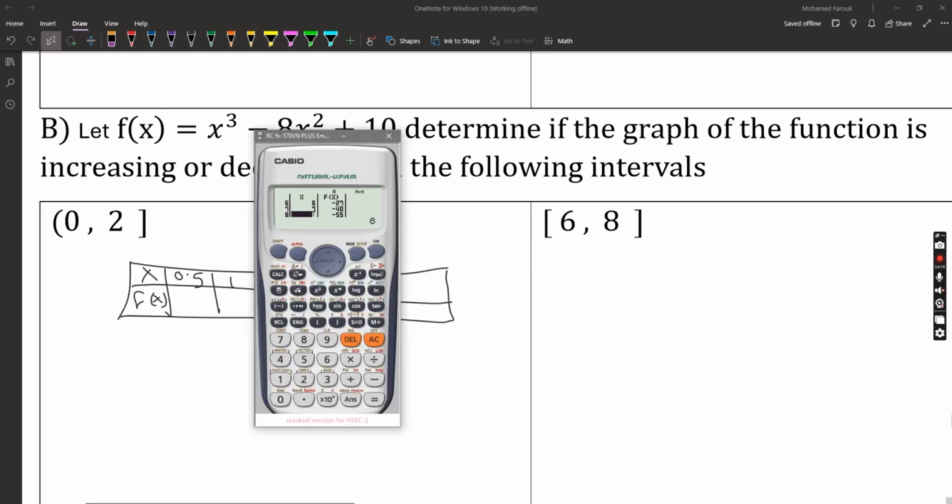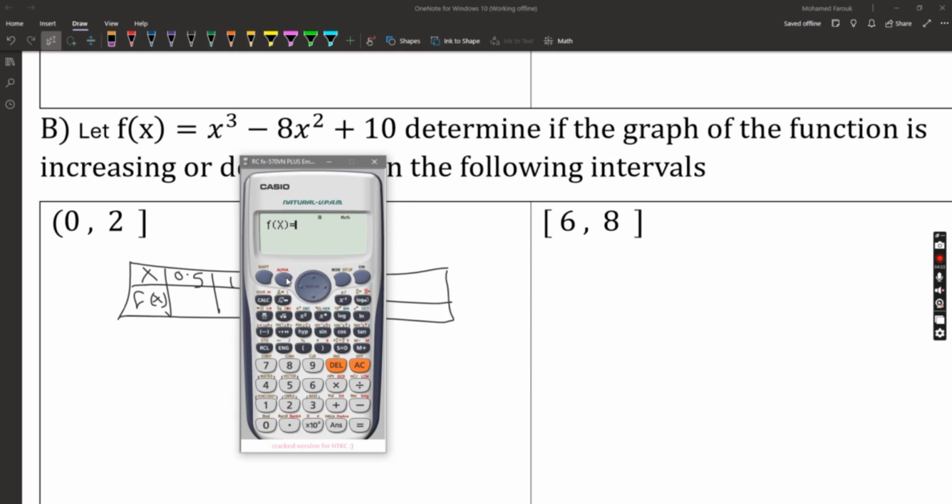So what you will do here is write your equation, x cubed minus 8x squared plus 10. It will ask where you want to start.